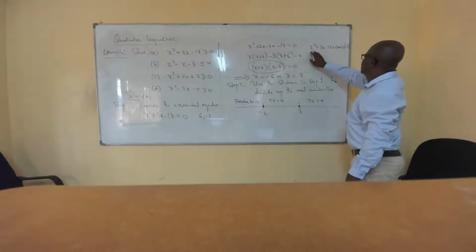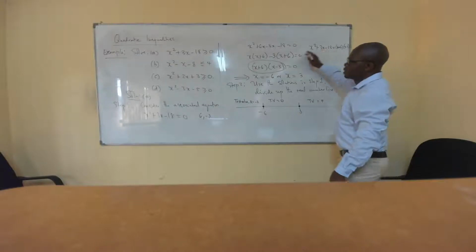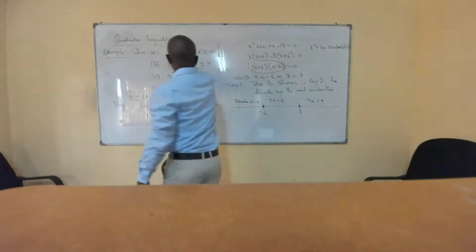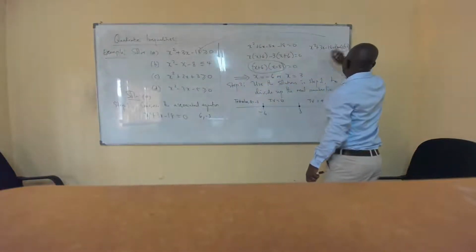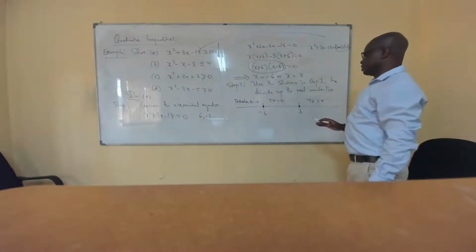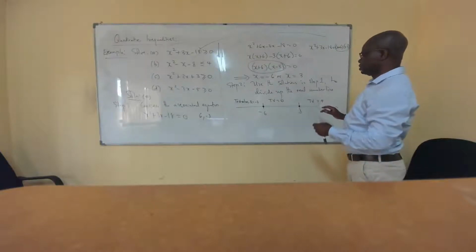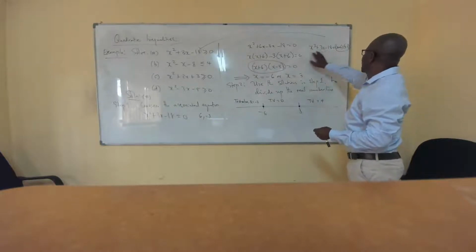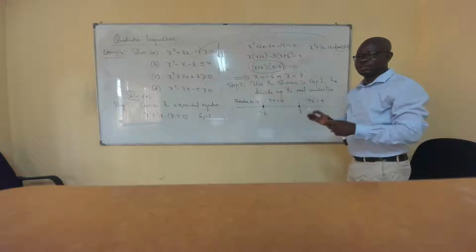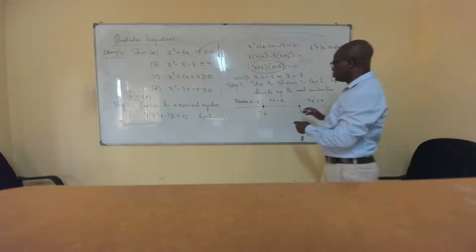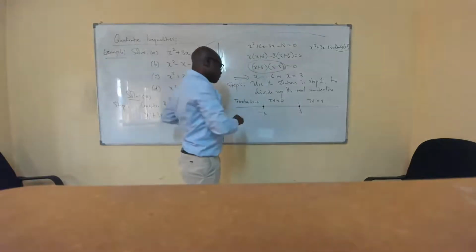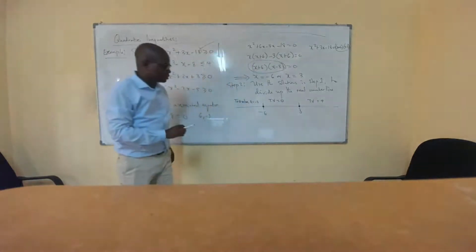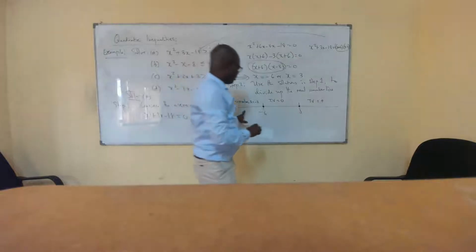So it's in factored form, and these are equivalent statements. So I want to see what happens to this quantity when I'm in each interval. First, in the interval negative infinity up to minus 6, let's see what happens.